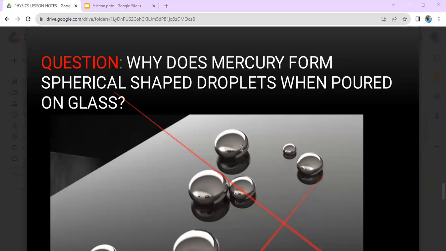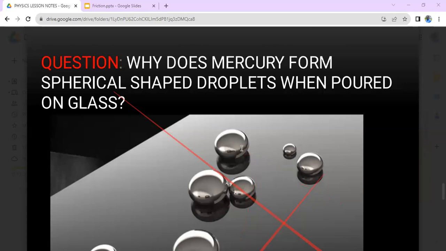Then Cindy says mercury has a higher cohesion force than adhesion, making the molecules try to avoid staying apart. They gather up, and those spheres. Faith says that the cohesive forces cause the liquid to pull inward, minimizing surface tension.